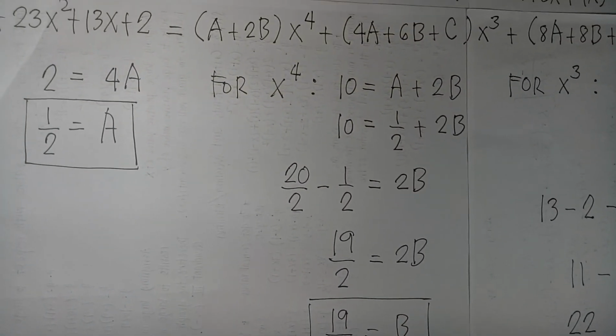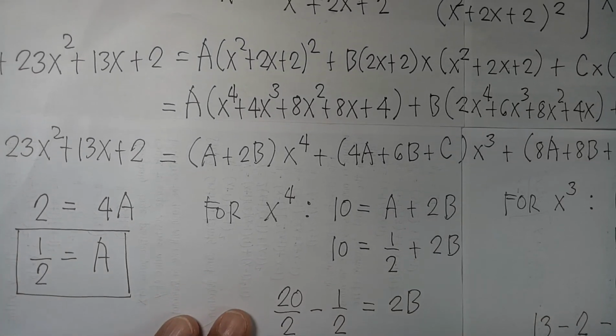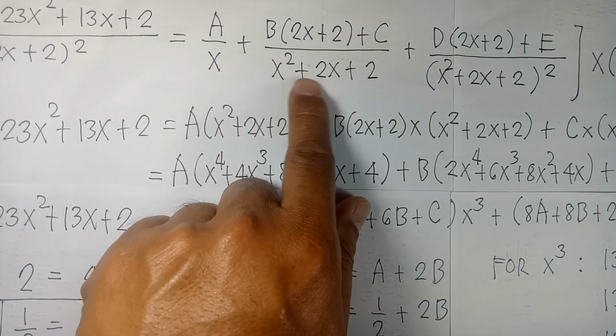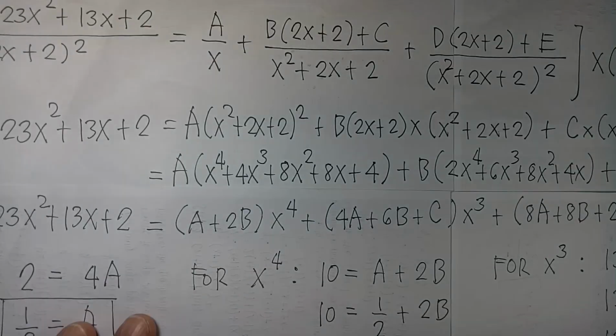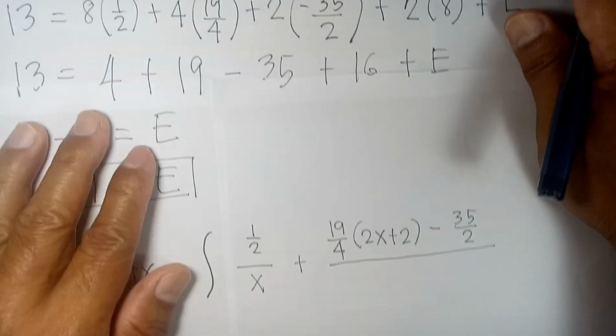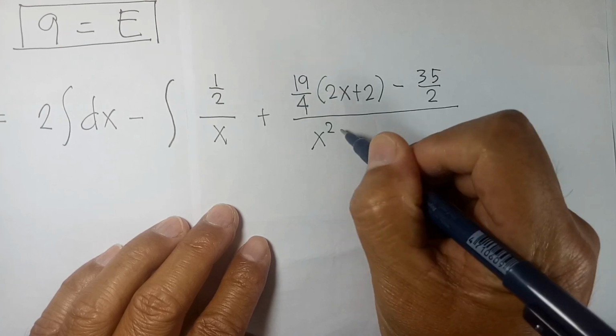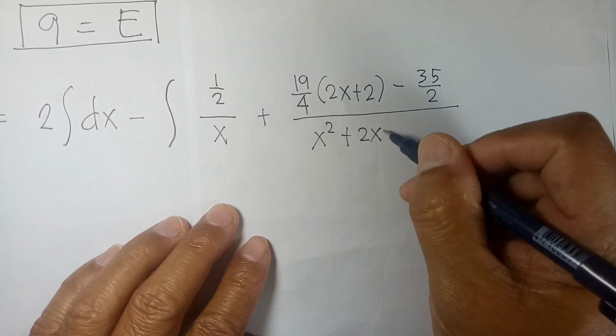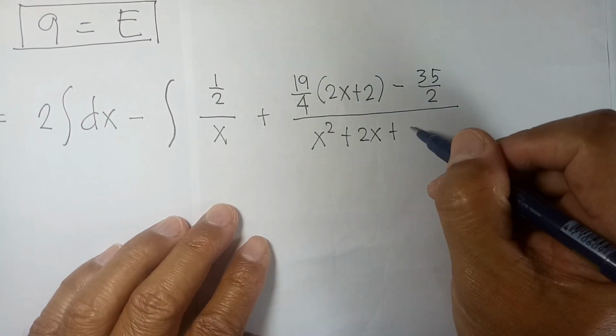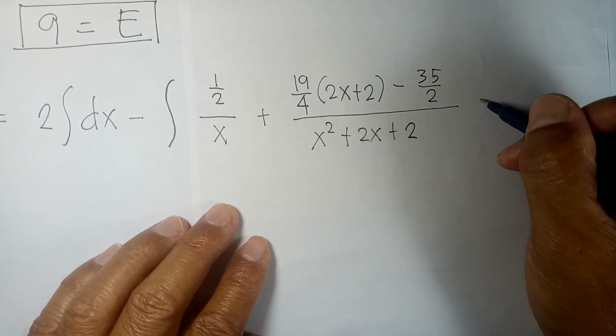So, ito siya. Divided by x squared plus 2x plus 2. And then plus.